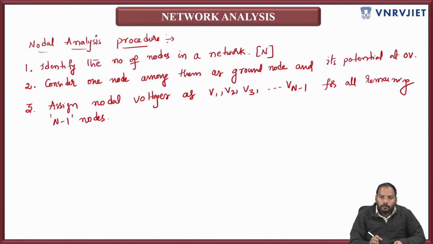That means let us assume 4 nodes are there in the circuit, one node must be grounded and all the other 3 nodes are V1, V2 and V3. So once you have assigned the nodal voltages, now what you need to consider is you try to fix the branch currents.